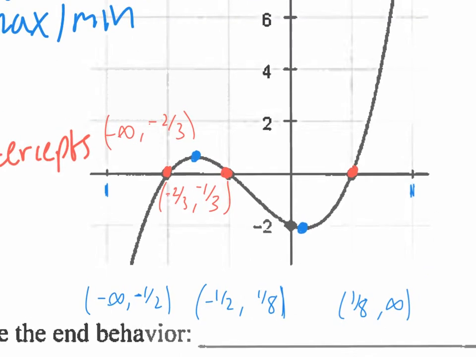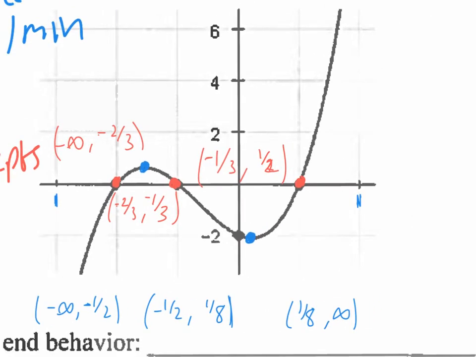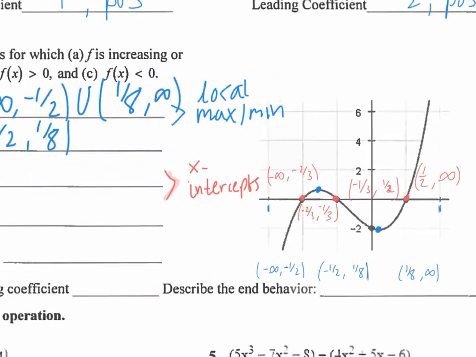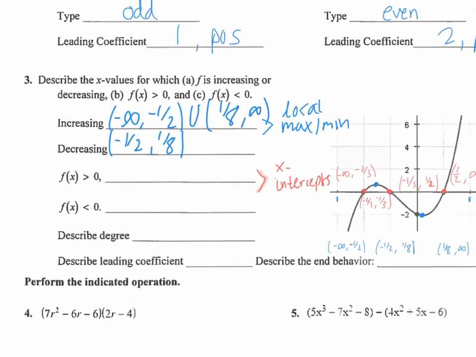Then this other middle interval goes from negative 1/3 to about 1/2. Then I got this last interval from 1/2 to infinity. So I've got 4 intervals to place here.